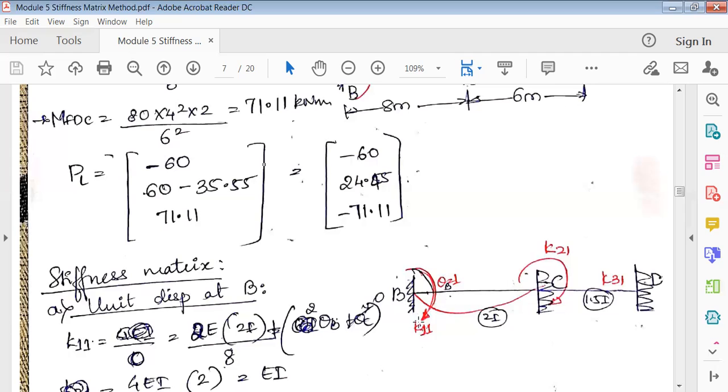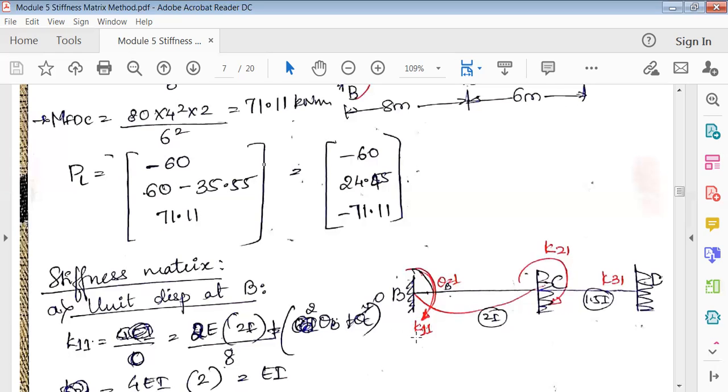Now see here, how to write this is very important. First write K1, because it is the first direction; K1, second direction K2, then K3. First write the first number, 1, 2, and 3. Next, you have applied a unit rotation at 1, so whatever effect you get in this diagram is only because of 1. So that's how you write the next number, that is 1, 1, and 1.